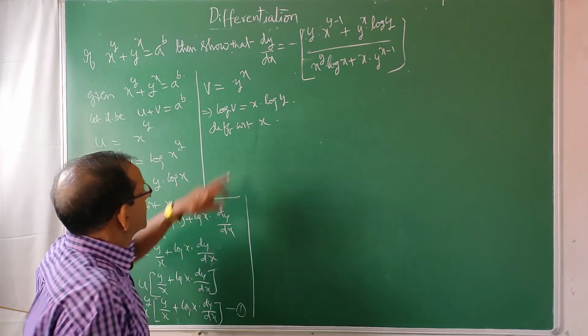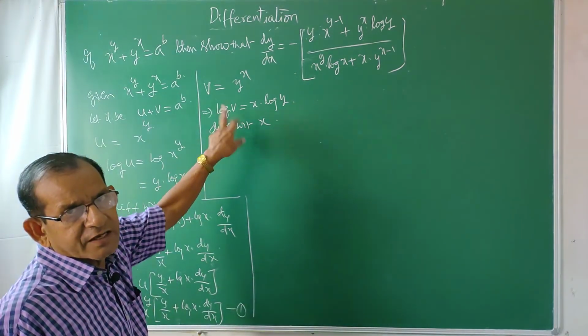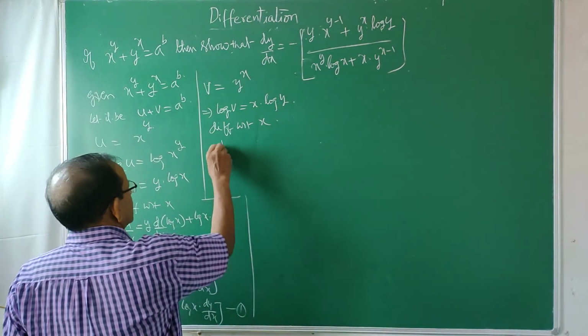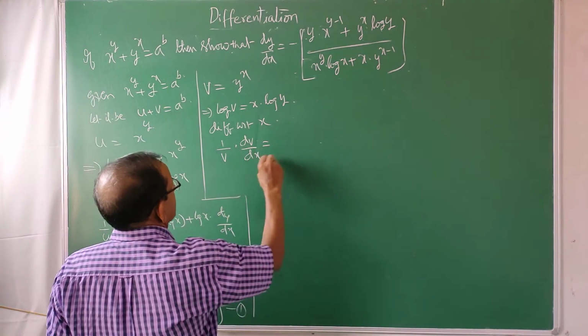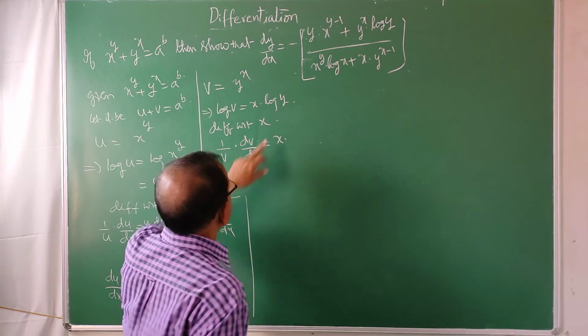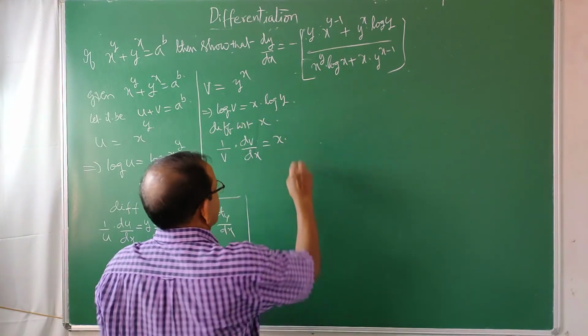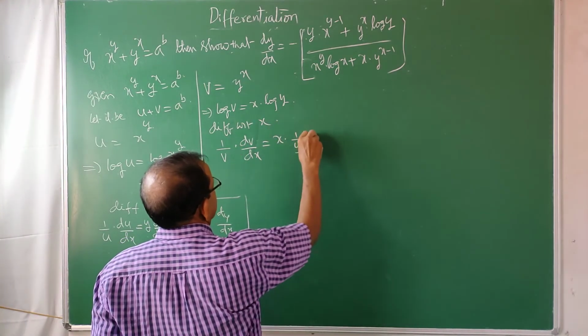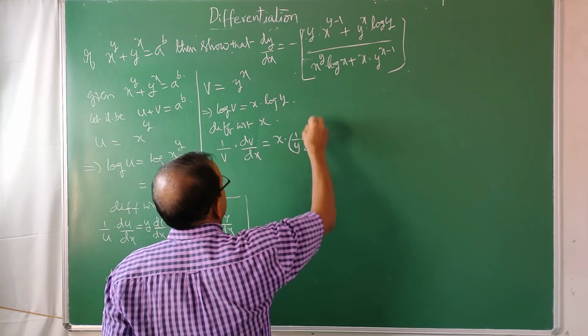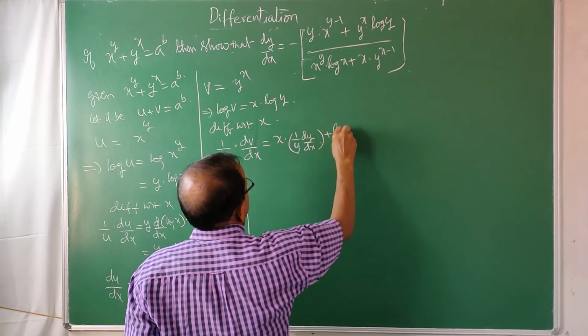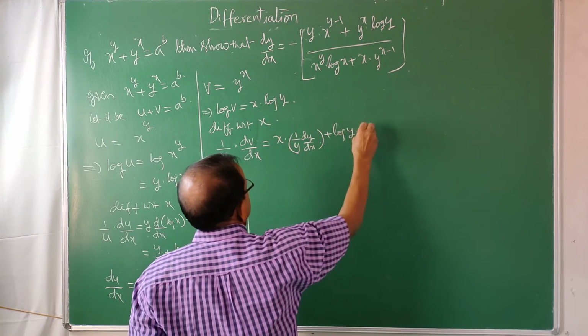What you will get? Log v derivative is 1 by v into dv by dx is equal to x into derivative of log y, 1 by y into dy by dx, plus log y into derivative of x, that is 1.